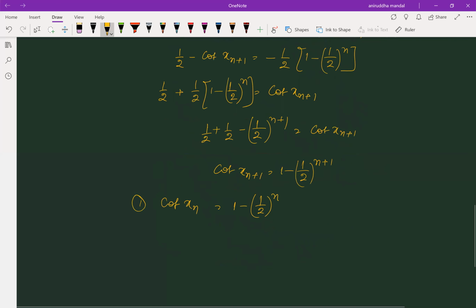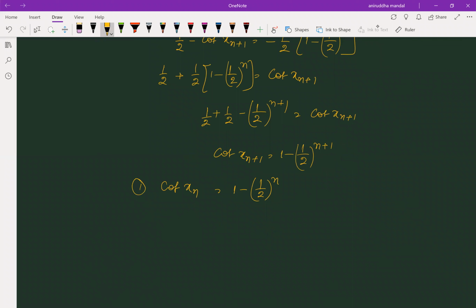Now the second part is we have to find the limit as n tends to infinity of x_n. Since cot x_n equals 1 minus half to the power n, we can write x_n equal to cot inverse of (1 minus half to the power n).